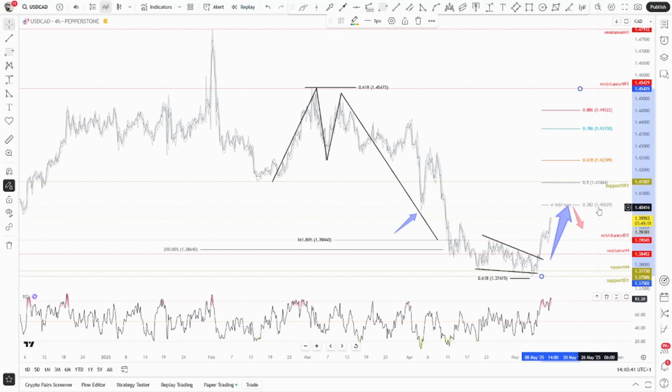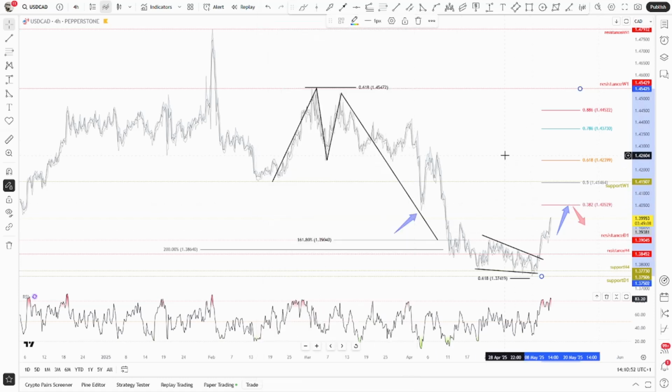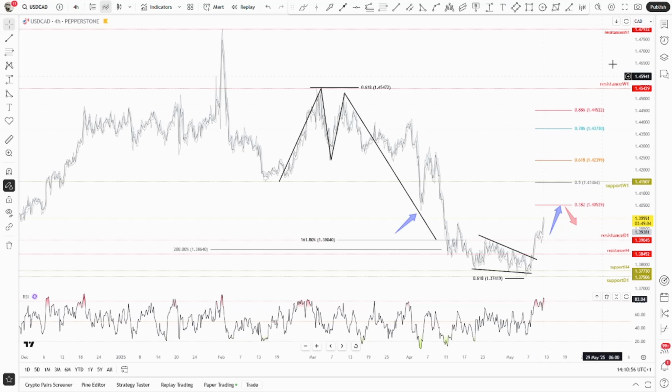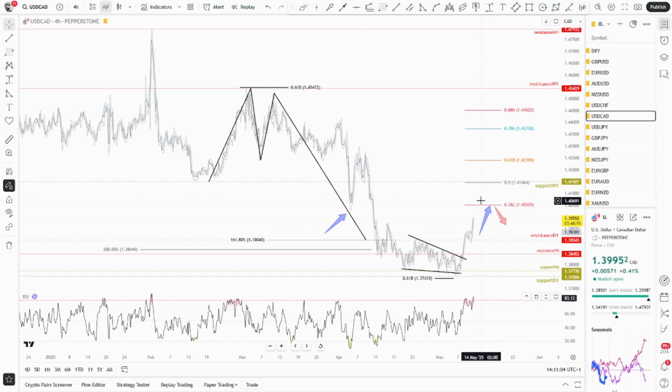It's important to consider a move towards these levels, and then if achieved, I will not be surprised to see a pressure to the downside starting to emerge from this 38% Fibonacci retracement level, which may act as an element of resistance and pressure to the downside, even considering the extreme overbought conditions. I will not be surprised to see a small push to new highs, to actually achieve those 38% Fibonacci levels.